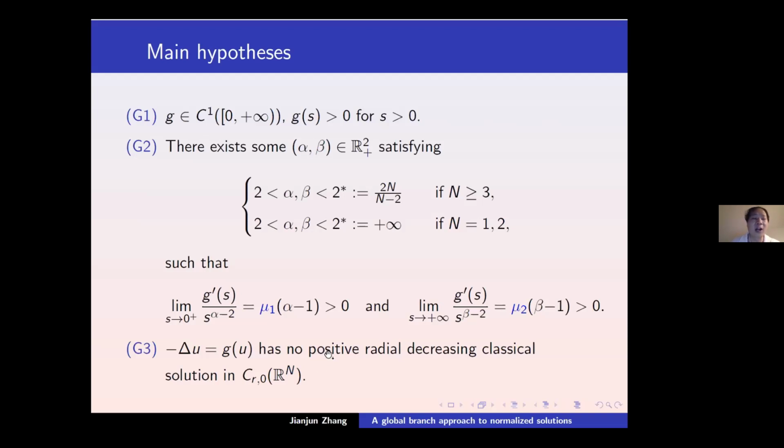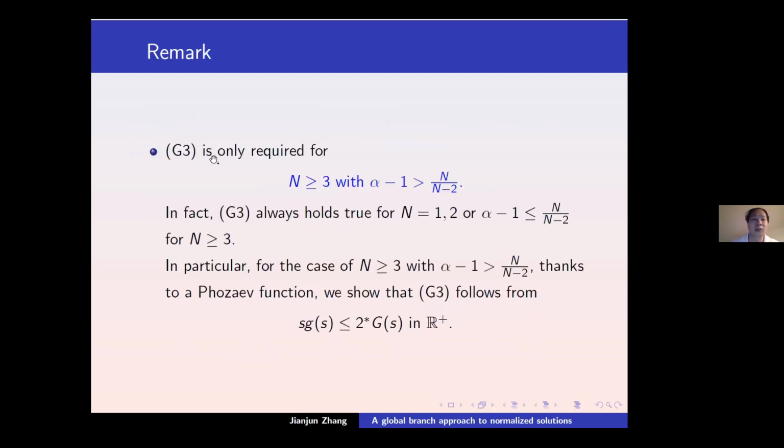Okay. So now we give the remark for the last assumption. Usually, G3 is only required for the higher dimensional case, also with alpha minus 1 strictly bigger than n over n plus 2. So this means that if n equals 1 and 2, G3 is always true. Also, if alpha minus 1 is less than n over n minus 2, G3 also is true.